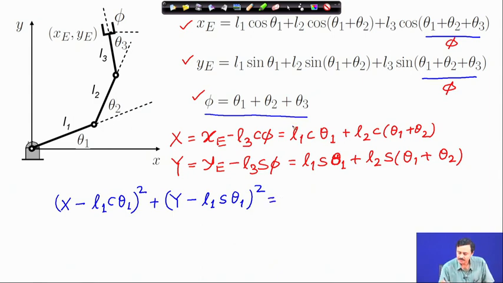So, I have taken this term to the left, this term to the left in the two equations, squared them up and added them.